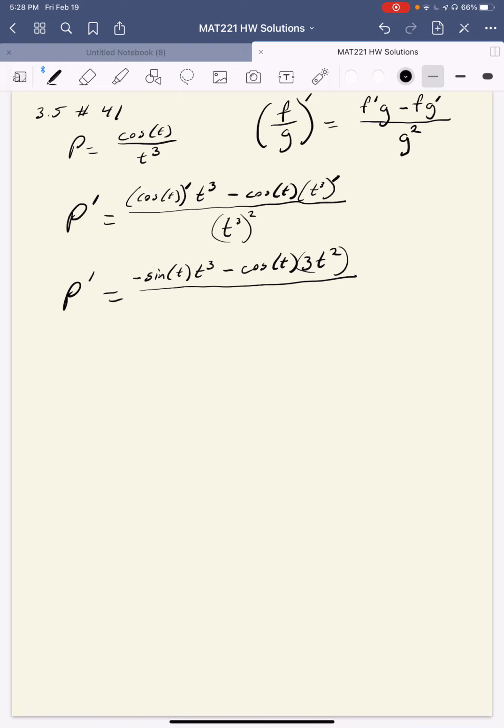And then t cubed squared is the same thing as t to the sixth.